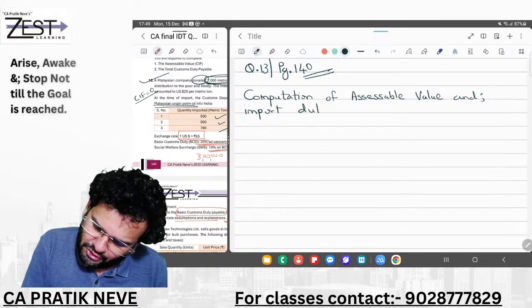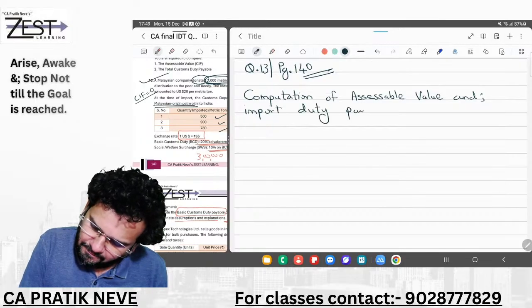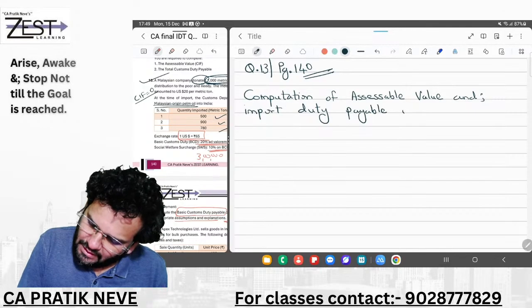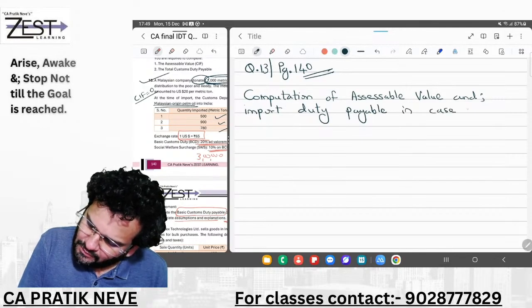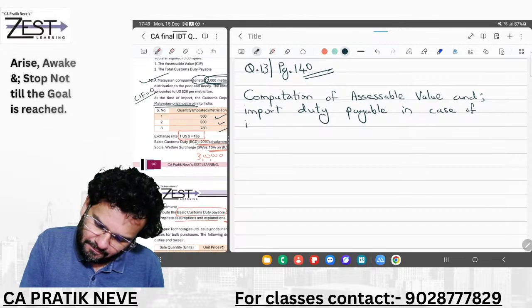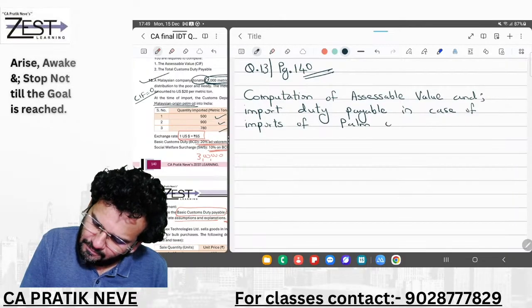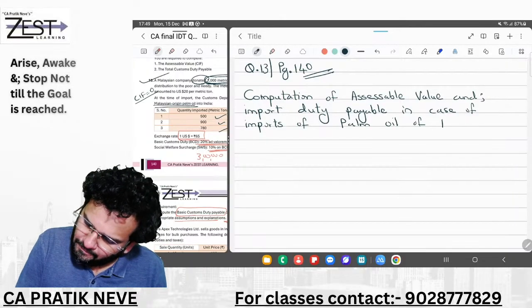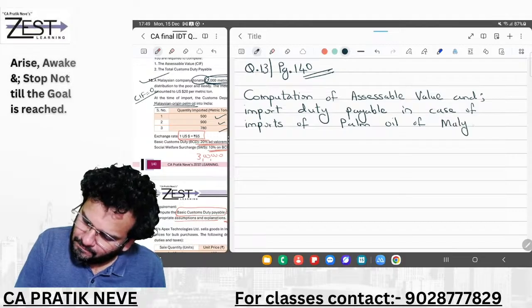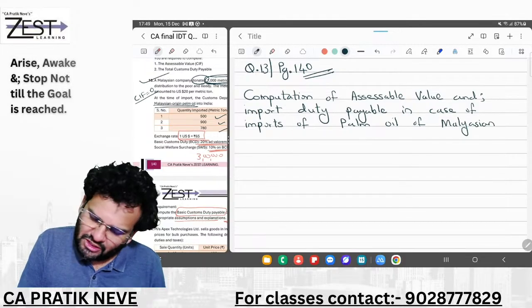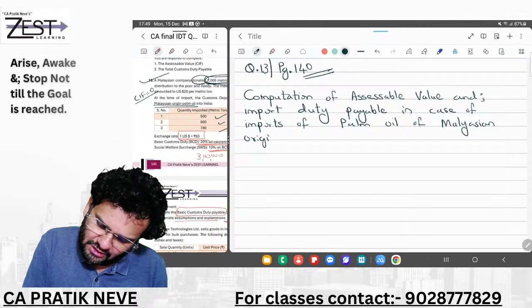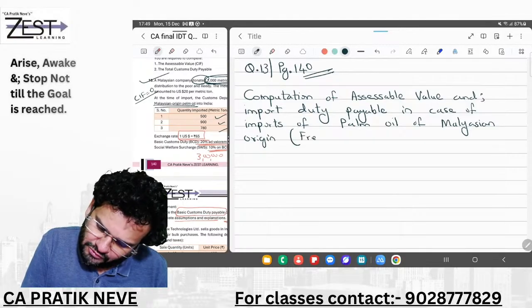And import duty payable in case of imports of palm oil of Malaysian origin, free consignment.